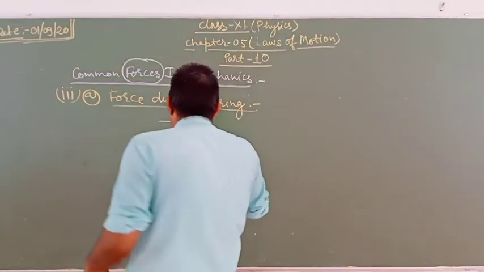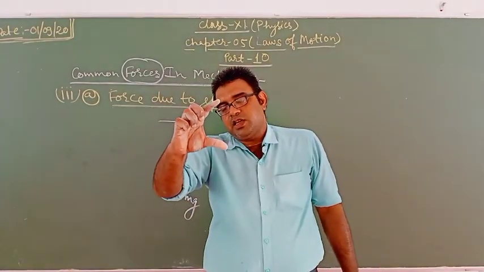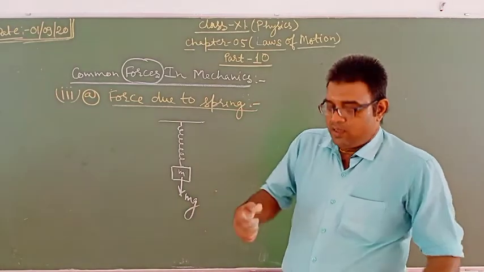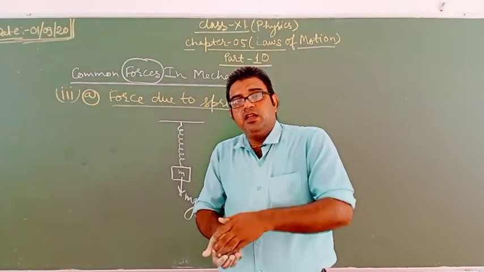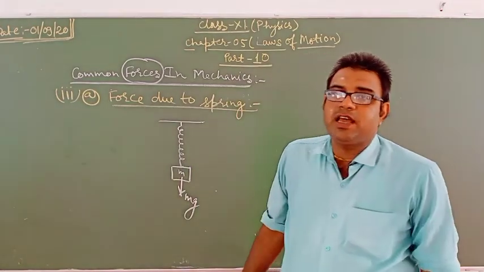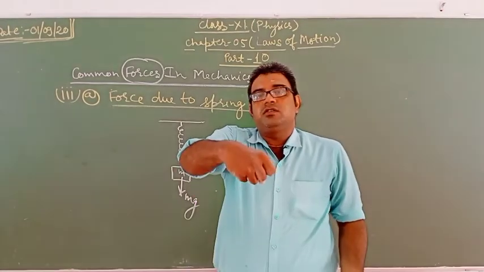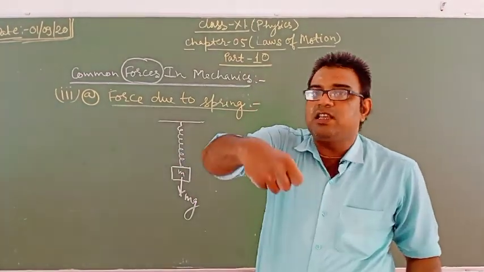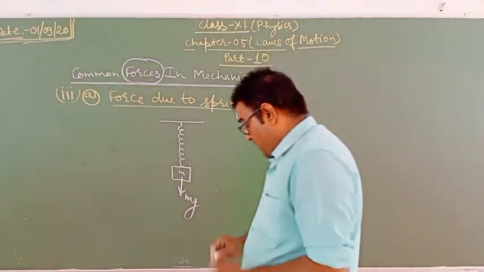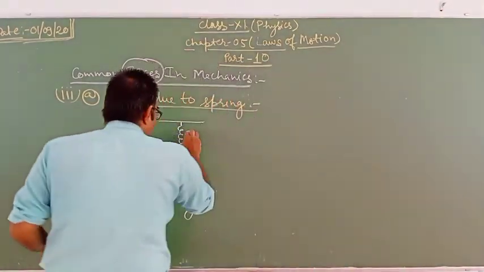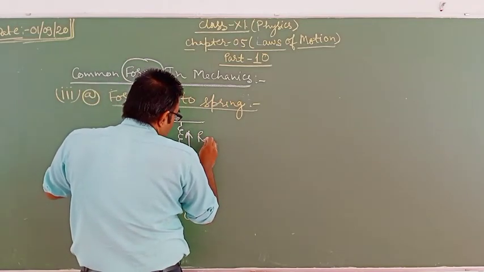Then work is done in stretching this spring, and a restoring force is developed, which tries to pull the spring to its original shape, so there is a restoring force against the elongating force.